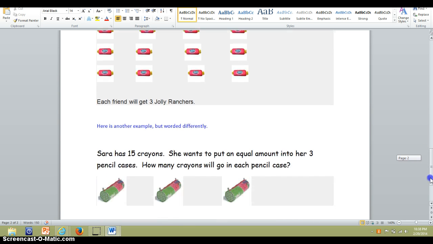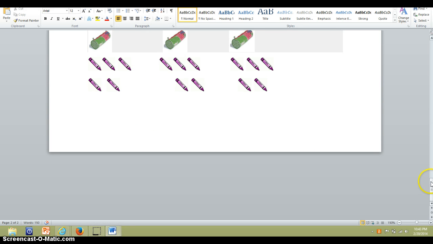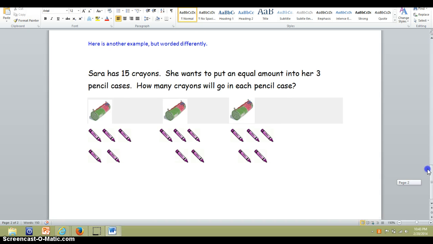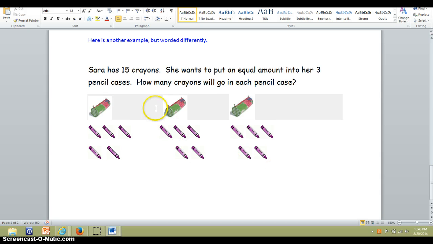And here is one more example, but it's worded a little bit differently. Our problem says Sarah has 15 crayons. She wants to put an equal amount into her 3 pencil cases. How many crayons will go in each pencil case? Well, my first step would be to draw her 3 pencil cases. 1, 2, 3.